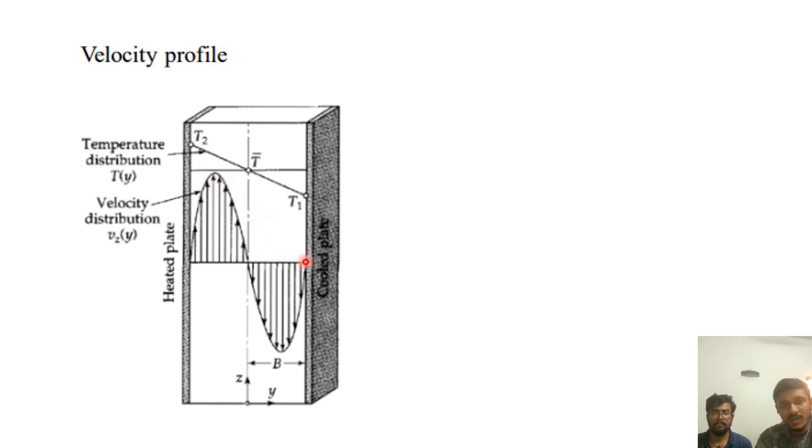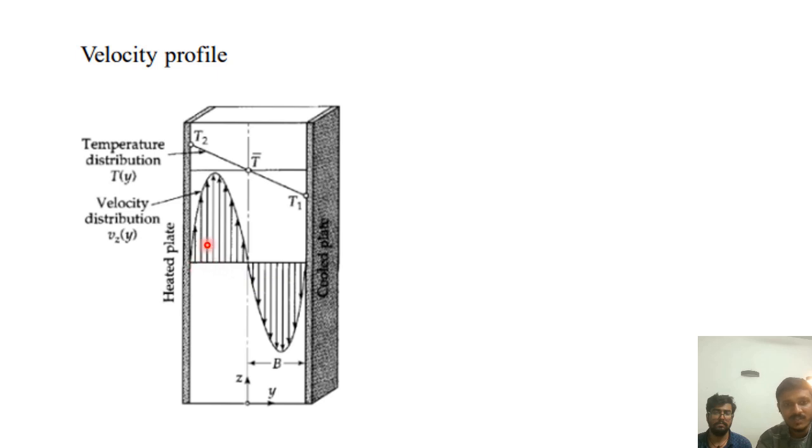And similarly is the case of the cooled plate. Again, the molecules will have zero velocity at this point because of the no slip boundary condition. And as their temperature is lower, the molecules here will move down.